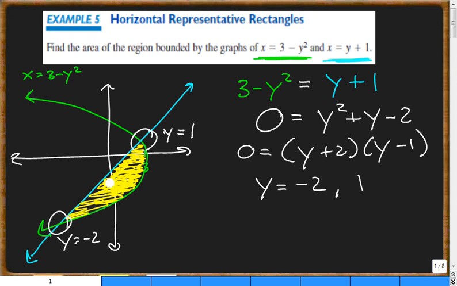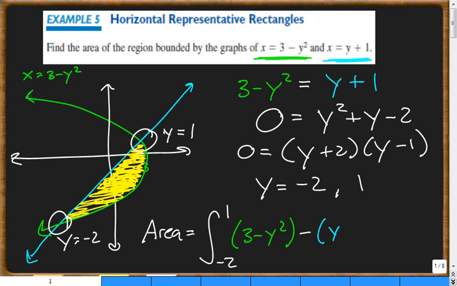Because the height of our graph is measured along the x-axis, we need to use y to integrate, because we have our functions in terms of y. So our area is going to equal the definite integral from negative 2 to 1 of our green, which is the higher x values, so 3 minus y squared. We subtract away our blue, which is the bottom one, y plus 1, with the dy here.